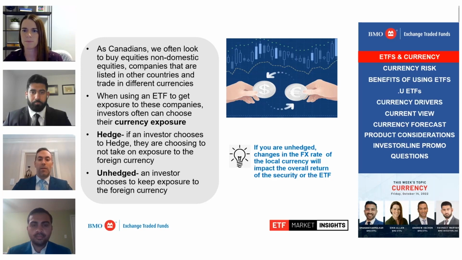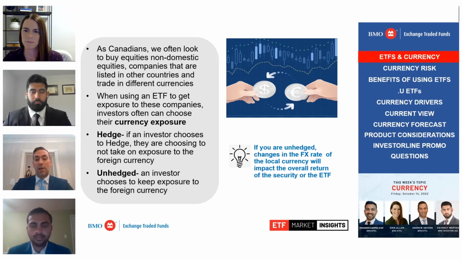And currency, for whatever reason, tends to be a secondary consideration for people when they invest in foreign assets. For instance, when you buy stocks such as Microsoft or Apple, you may have a view on where that particular company is going to go, but you don't necessarily have a view on the impact of USD relative to CAD. So this is essentially where currency hedging can come into play.